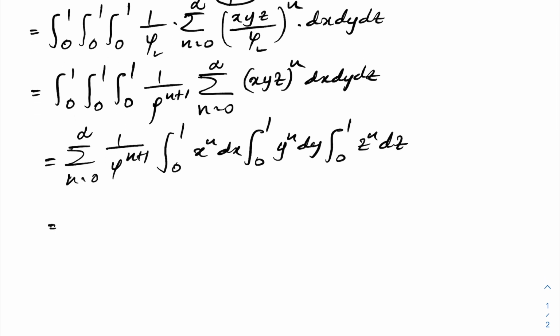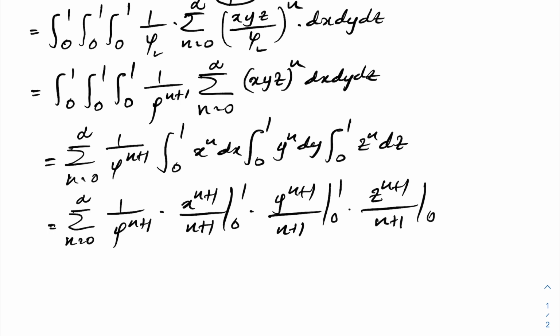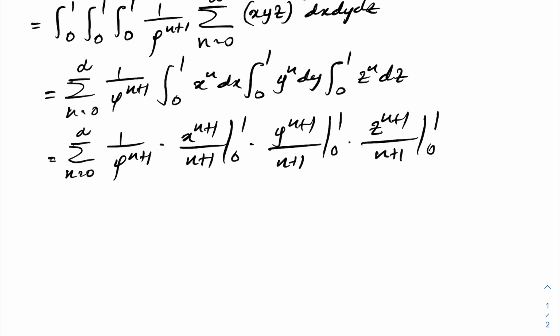Then we can integrate. So the sum of n equal 0 to infinity 1 over phi raised to the n plus 1. Now if we integrate x to the n, using the general power rule of integration, we get x to the n plus 1 over n plus 1 from 0 to 1, then y to the n plus 1 over n plus 1 from 0 to 1, and z to the n plus 1 over n plus 1 from 0 to 1. If we apply the upper limit 1, we get 1 over n plus 1.